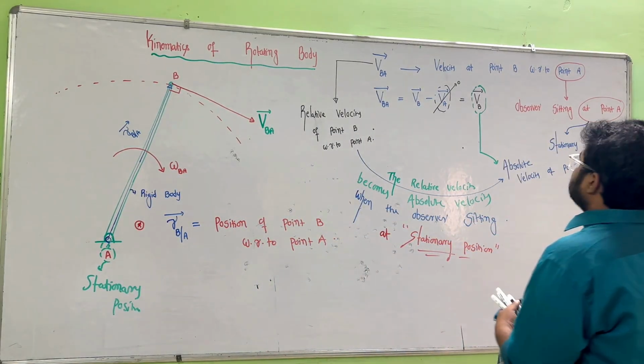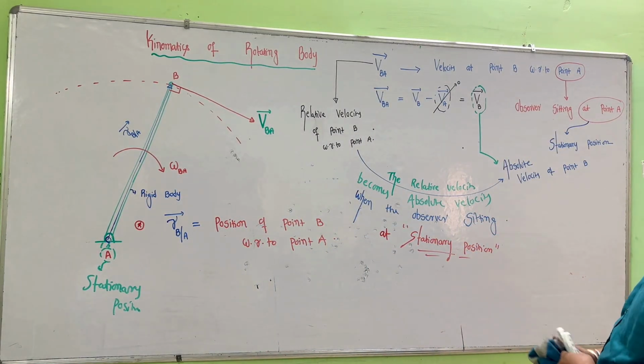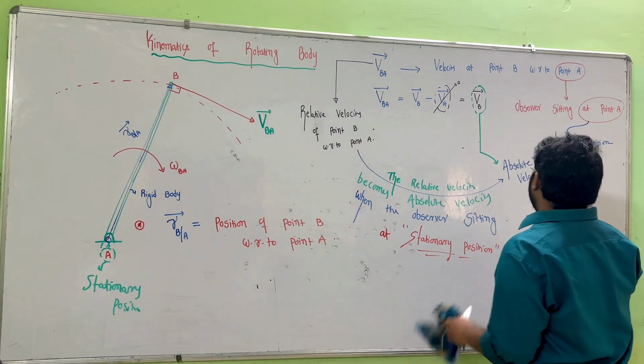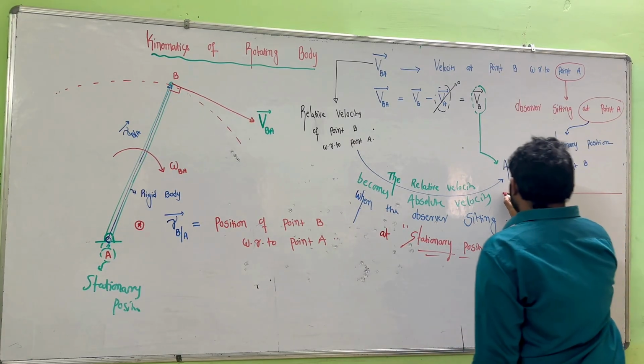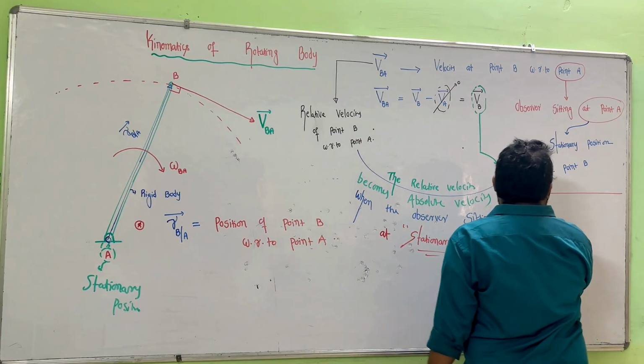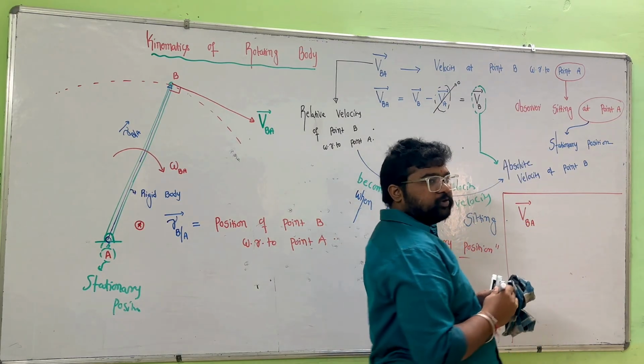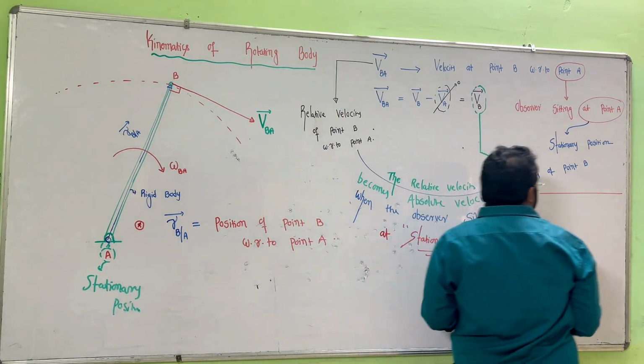Now how to write it in the form of a vector? So now tell me, how to write the velocity of point B? Velocity of point B with respect to point A equals how much?